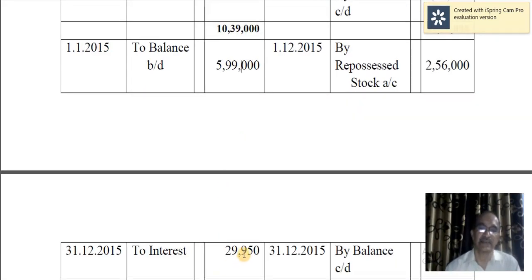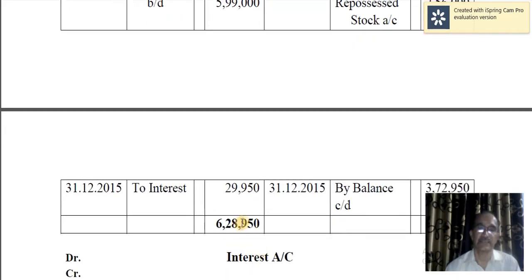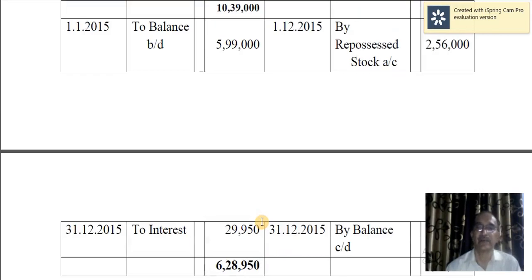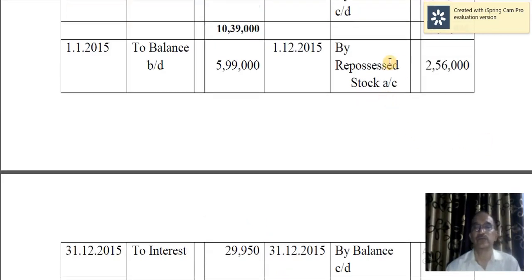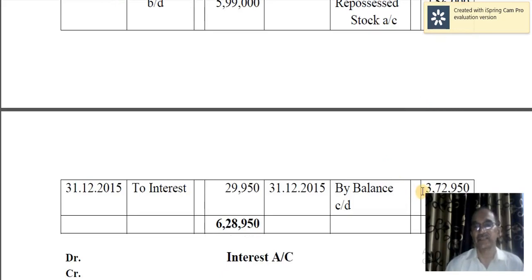Interest for the second year is 29,950. So total amount due from them is 6,28,950. Of that, you have taken over 2 trucks, and the agreed value of that is 2,56,000. Working note is provided. Therefore, balance due is 3,72,950.